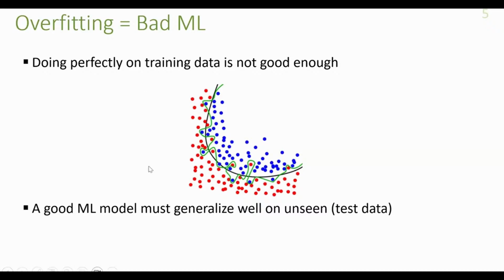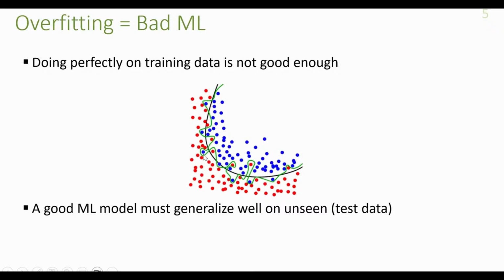So here, let me take one example. Suppose we are doing a classification problem. We are solving a binary classification problem where color represents the class, right? So we have two types of data points: blue class data points and red class data points. Now, as you can see, if you look at these data points carefully, we have several outliers.